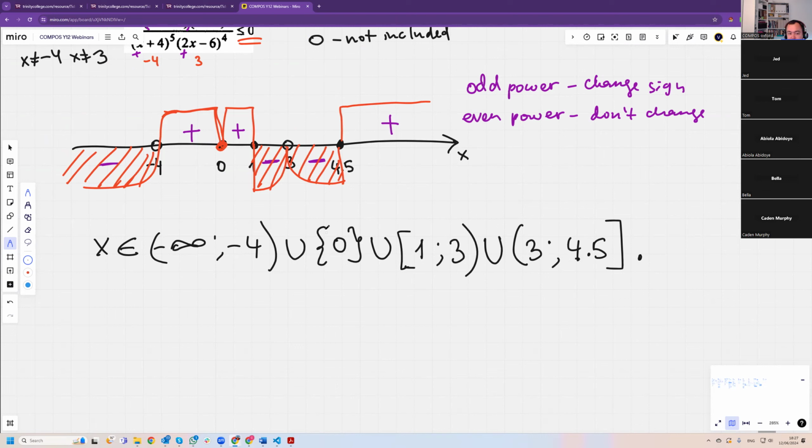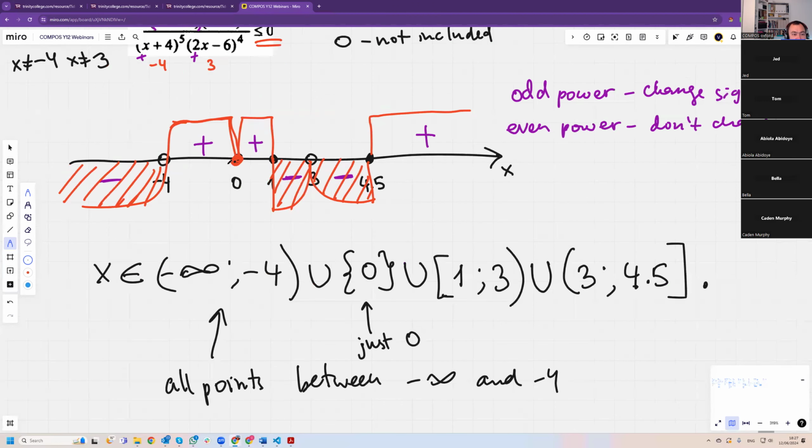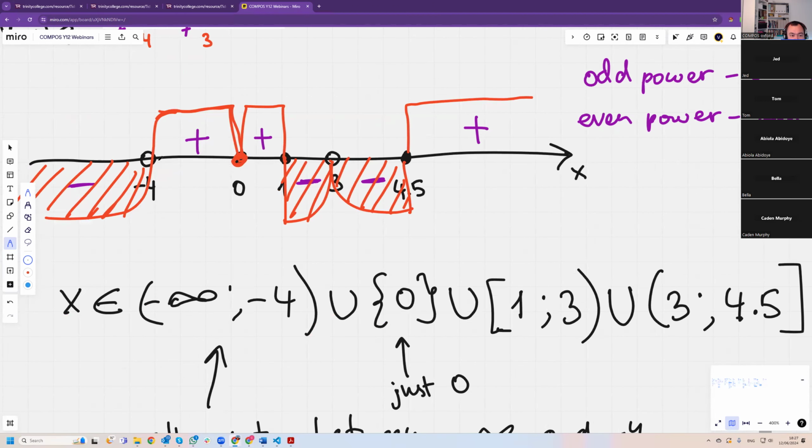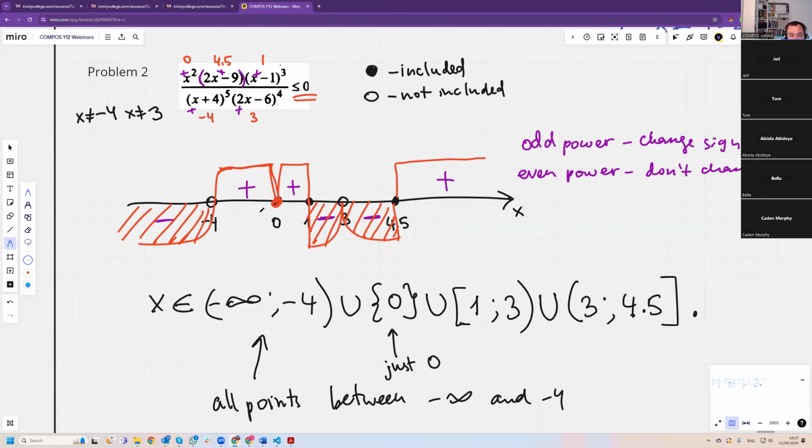So it's a set containing all points between minus infinity and minus 4. This is just 0, because it can be 0. It can't be anything on the interval from minus 4 to 1. It can't be anything other than 0.